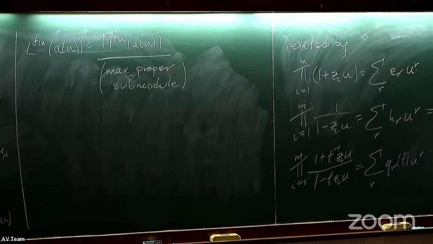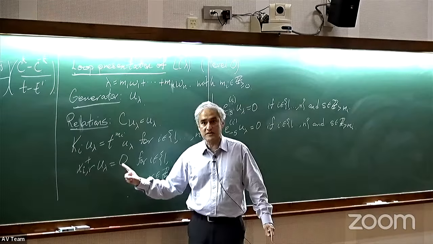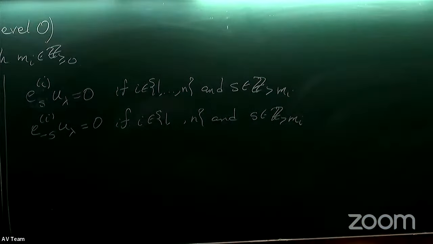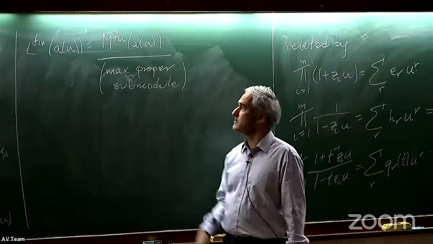Because the same kind of old argument for Verma modules works, because this is acting now like a highest weight vector, but not for the Kac-Moody presentation, but for this Drinfeld loop presentation. But the same argument then works to say that there's a maximal proper submodule, which you can mod out by. So this acts like a standard module.